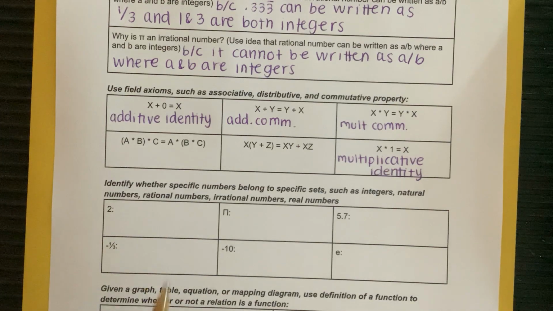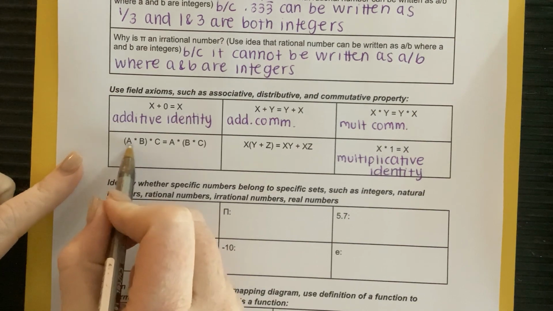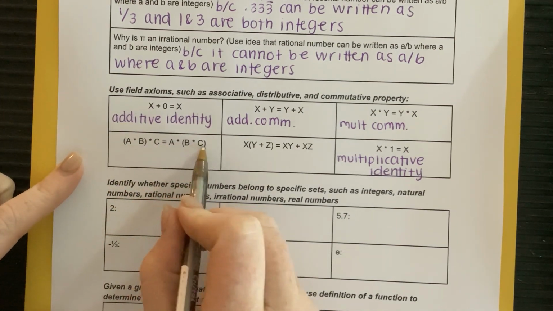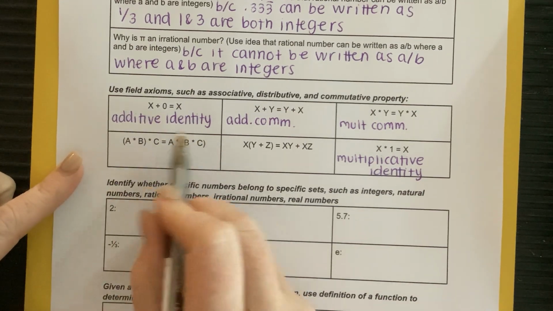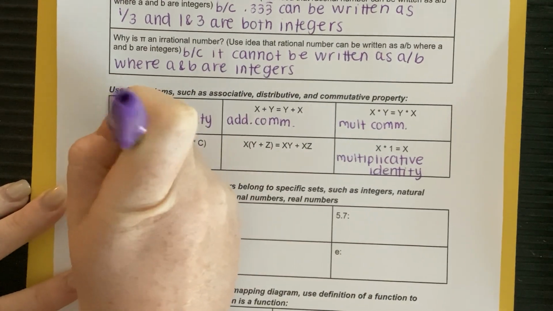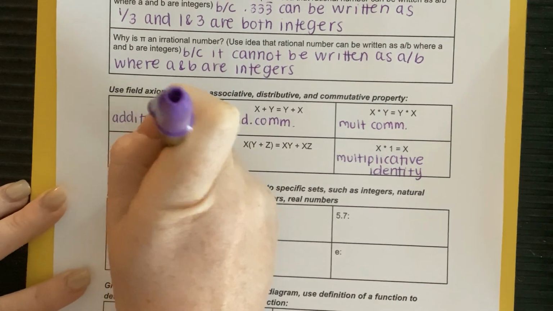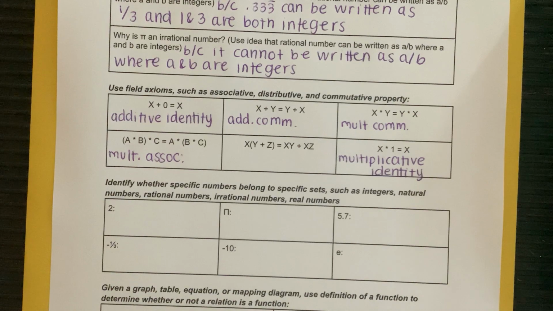Associative talks about parentheses. So if I take parentheses and I do this part first on this one and then multiplying the C on, versus multiplying B times C first and then multiplying the A on, this is associativity, all right? Either way, you're gonna get the same answer. This is obviously talking about multiplication, so we would say it's multiplication, and we would say that it is the associative. Again, on the test, make sure that we're writing whether it's additive or multiplicative, because you wanna get as many points as possible.